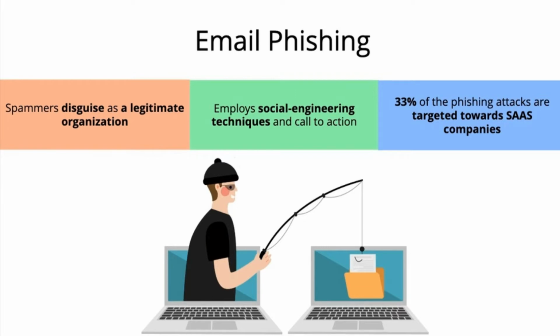When I say they disguise themselves to be legitimate organizations, I mean that they will create emails with that organization's logo, color palette, font style, and everything to look exactly like the institution they are disguising. Research shows that in recent years, the main focus of phishers has been SaaS companies, which accounted for about 33% of these attacks as victims.